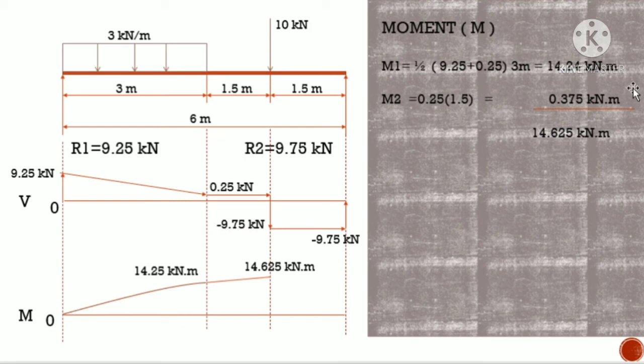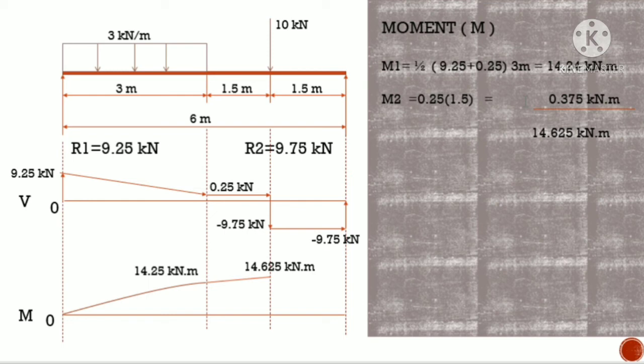Okay? So, this time, kaya nagiging 14.625 kasi we're going to add the result of M1 to M2. Okay? Hindi sa lahat ng panahon positive siya. Kasi minsan may result na negative siya. So pag negative, i-subtract lang, no?